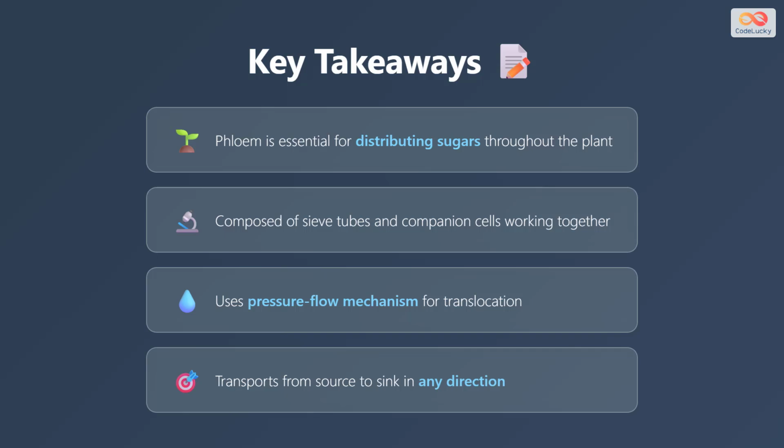Third, the transport process uses a pressure flow mechanism for translocation, driven by differences in pressure between source and sink. And fourth, unlike xylem, which only moves water upward, phloem can transport materials from source to sink in any direction, making it a highly flexible transport system. Understanding phloem helps us appreciate how plants efficiently distribute resources to support their growth and survival.